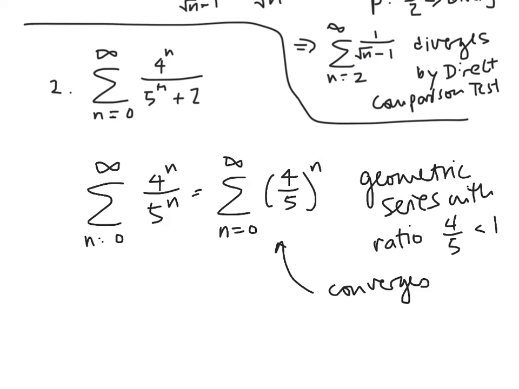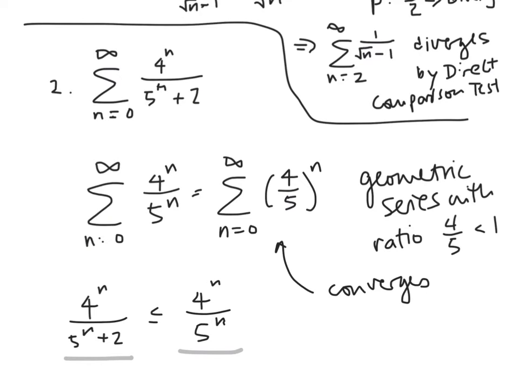Well, how do the terms of this geometric series compare to the terms of our first series? Well, it's pretty clear to see that the terms of this first series are always less than the terms of our second series here, because the terms in this series have a bigger denominator than the terms in this series on the right.